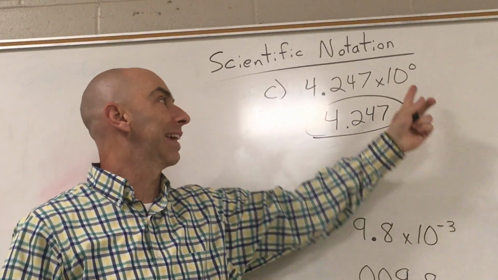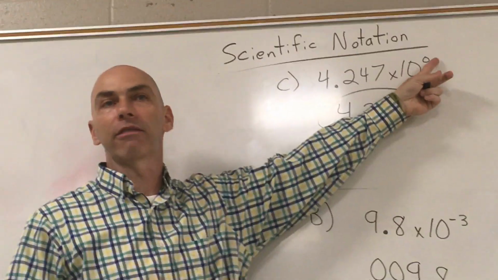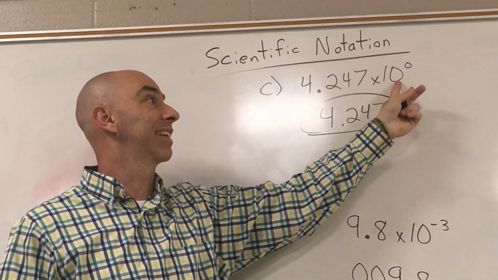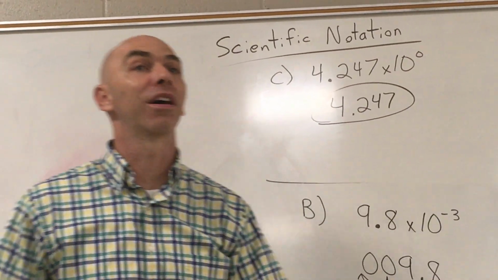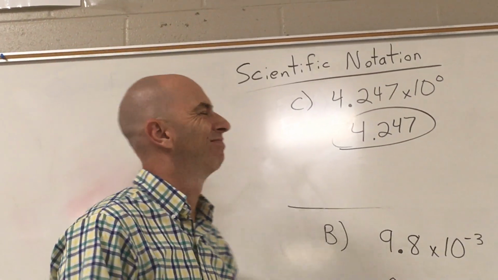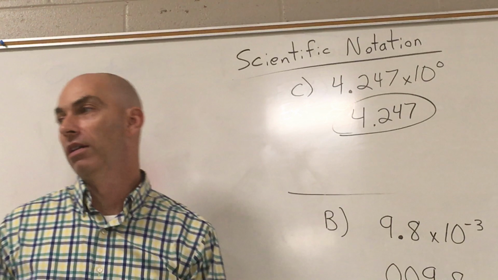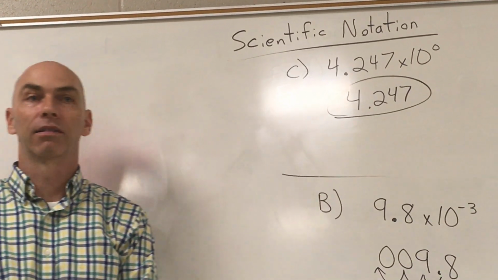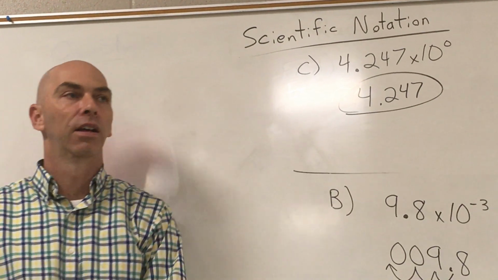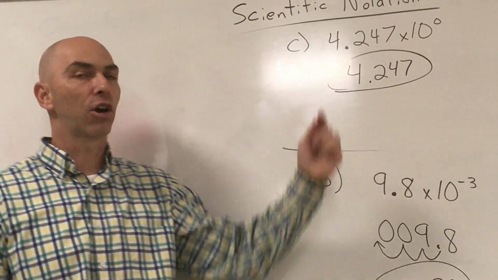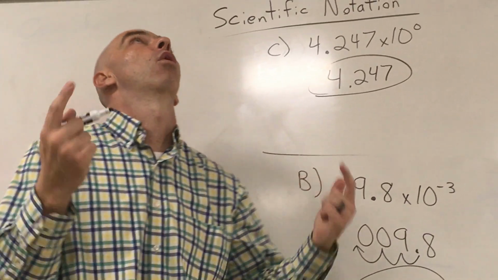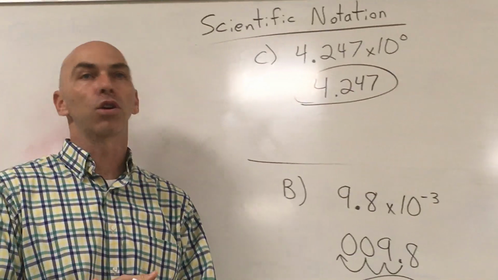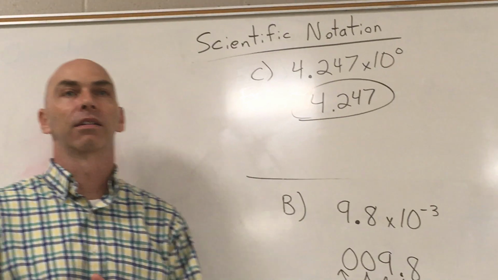But now listen. Also, know anything to the 0 power is 1. So if I said 25 to the 0 power, what is that? 1. If I said 10 to the 0 power, it is 1. If I said 72 to the 0 power, it is 1.